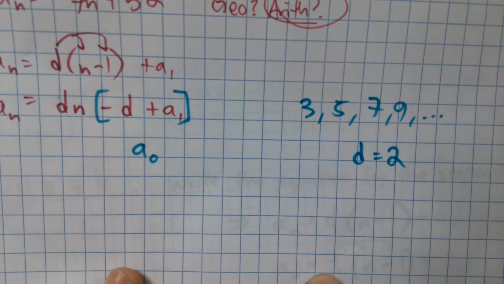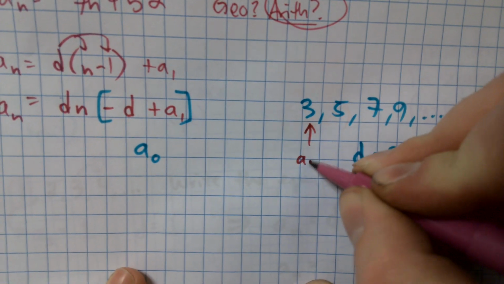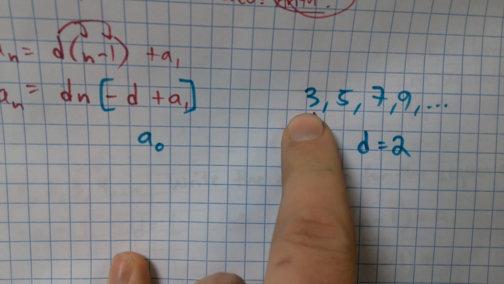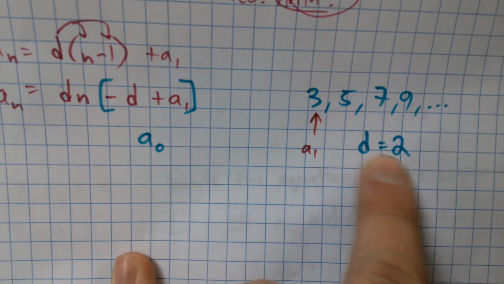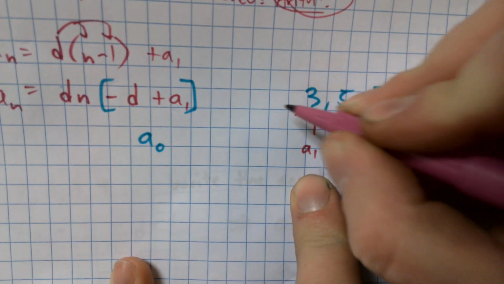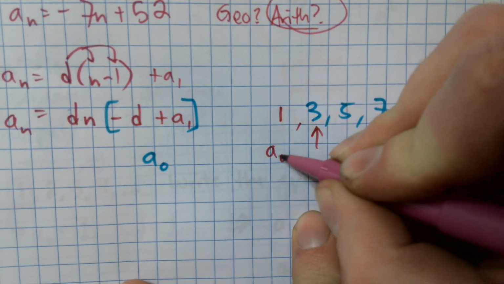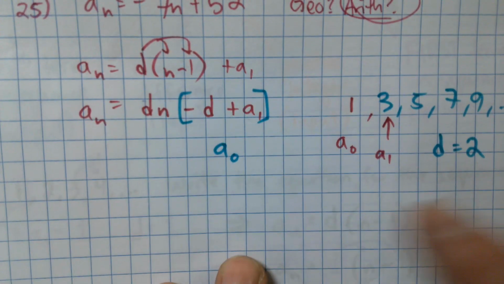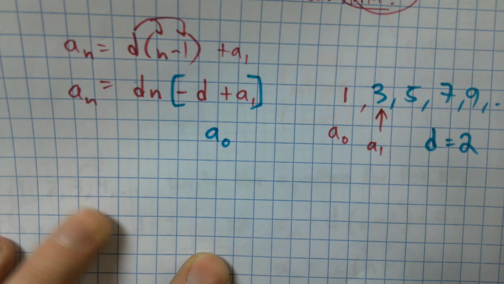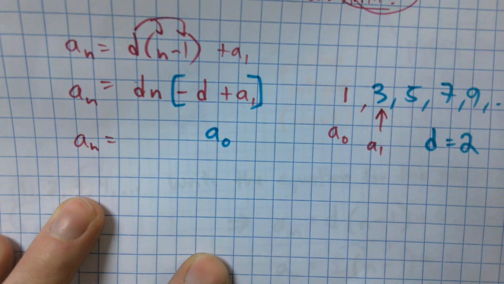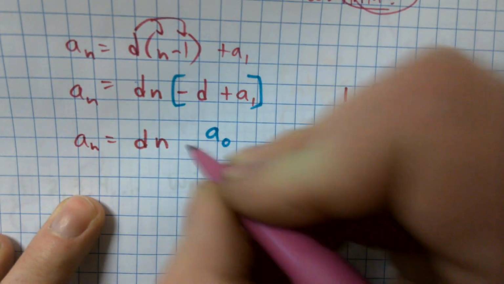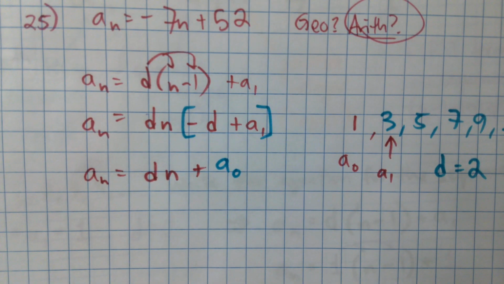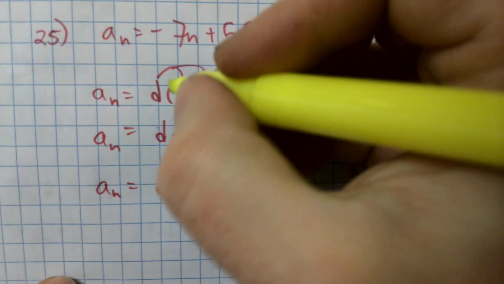What's my a sub 1? 3. So if I took a sub 1 and I subtracted the difference, what's 3 minus 2? 1. Does that work out for my a sub 0? Does that fall in line with the rest of my sequence? Yes, it does. So the arithmetic explicit formula is just a sub n is equal to dn plus a sub 0.